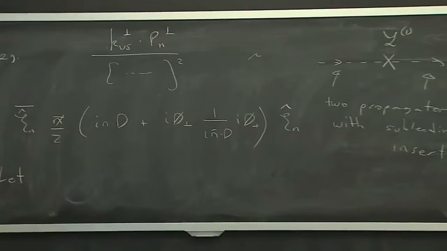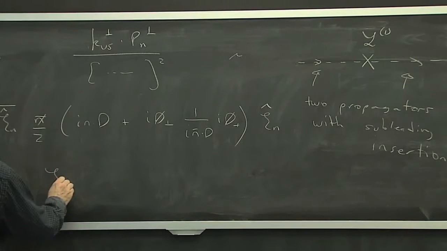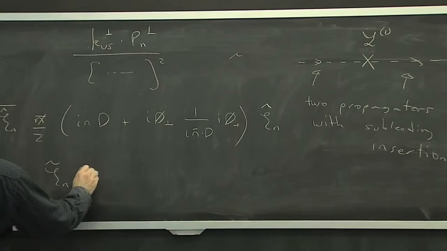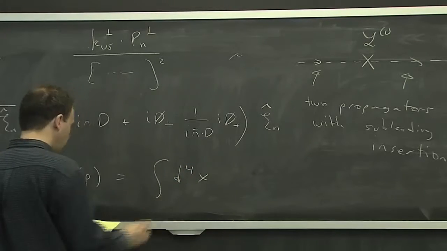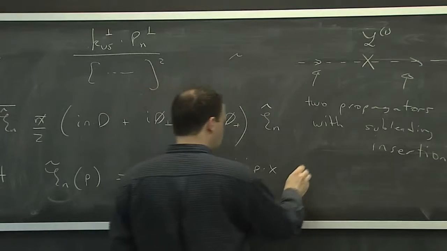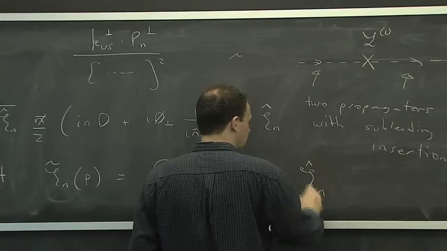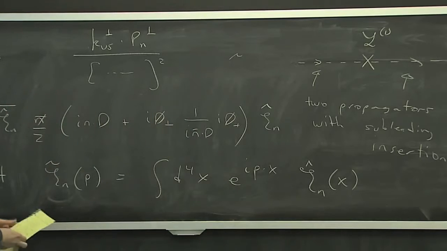So I want to do the expansion in momentum space, so let me Fourier transform. So I'll call psi n twiddle of p the full Fourier transform of this guy, which was previously just a field at x.